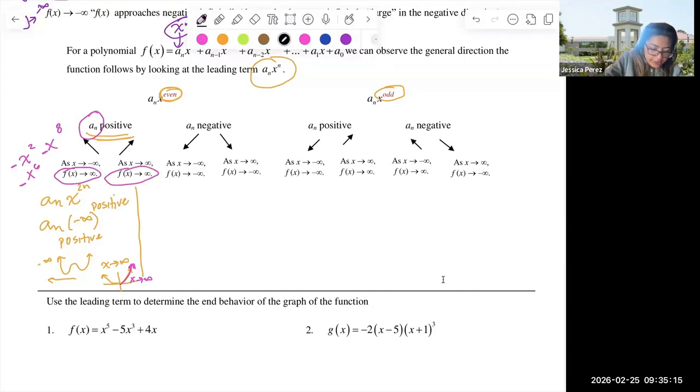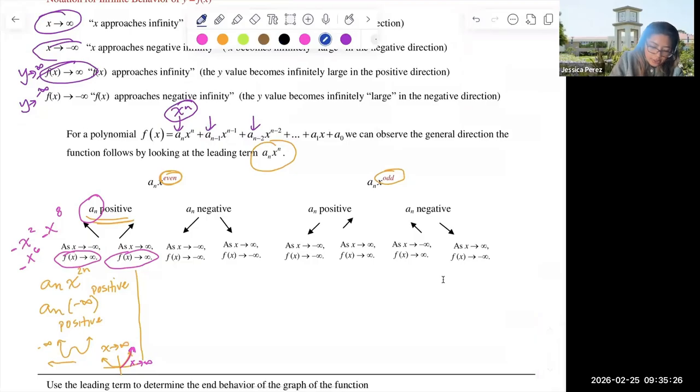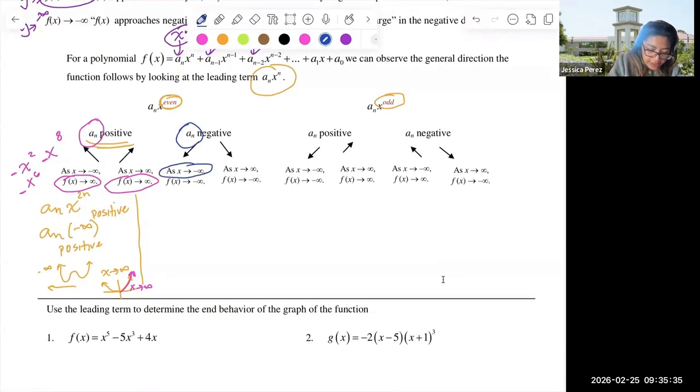Now we will have a different case if a sub n is negative. How will that change? Let's look at this leading coefficient, a sub n. What happens when a sub n is negative? If the coefficient is negative, what happens as x goes to negative infinity? So we have a negative a sub n, x to the 2n, with n being an even number. Now we will have this behavior. As x goes to negative infinity, my y will also be negative.